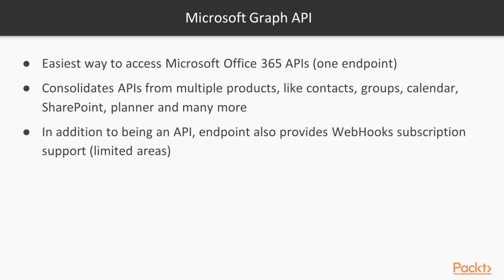Microsoft Graph API, previously known as Unified API, can be described as the easiest way to access a multitude of different APIs from different Microsoft Office 365 product offerings through one consistent endpoint. It consolidates those APIs from multiple products like contacts or groups, calendar, Sharepoint, planner, and a number of other things.